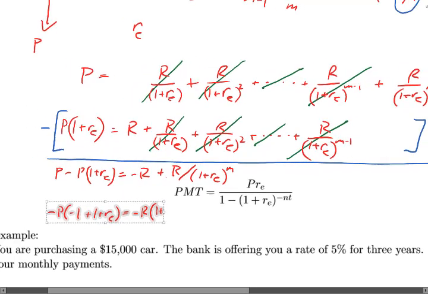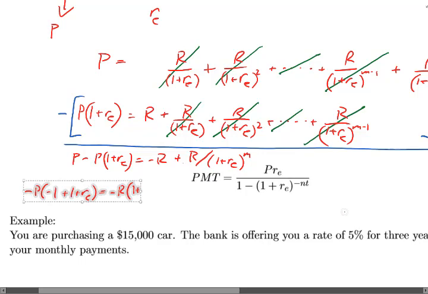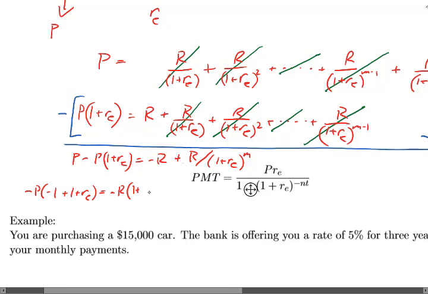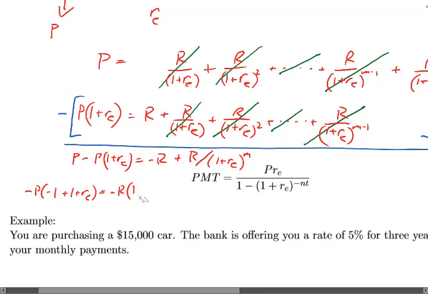I'm running out of space here. So that's going to be 1 minus 1 plus RE to the negative M. Let me make that a bigger parenthesis so it's a little more visible, because we've got a lot of parentheses.